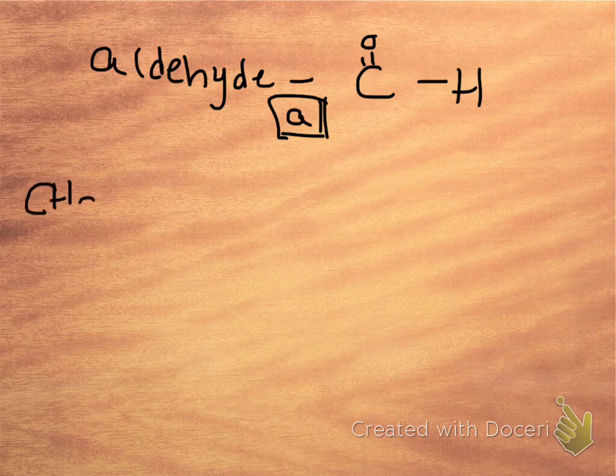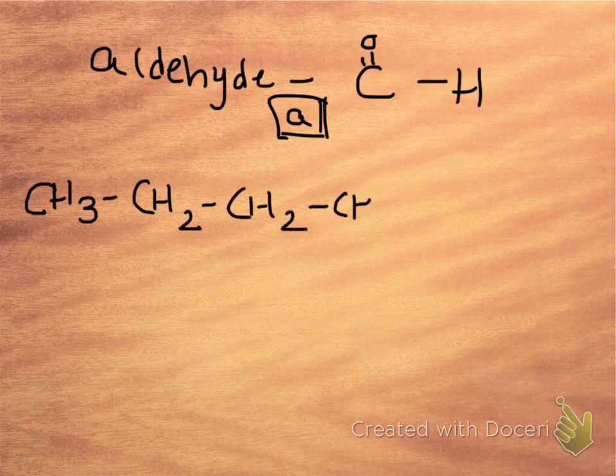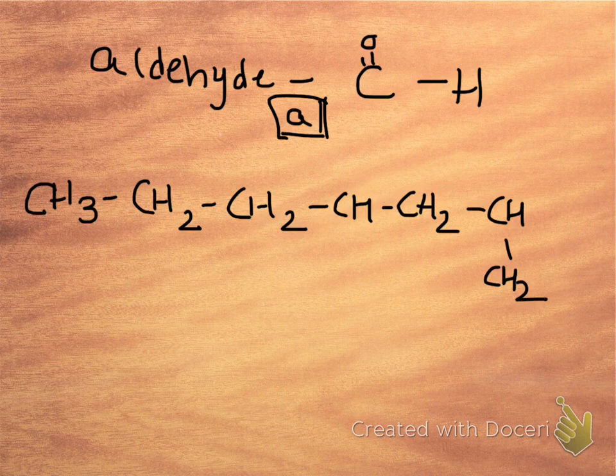Now CH3, CH2, CH2, CH, CH2, CH, CH2, or CH. So this can also be written as CHO.